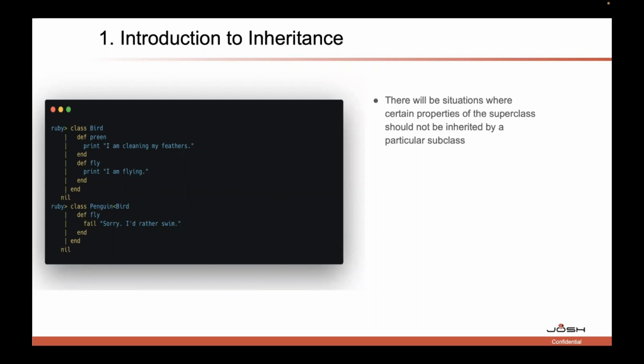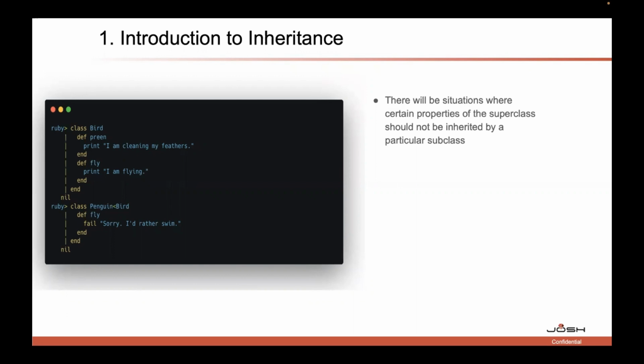Either we define all the uncommon properties in each of the classes, or define all properties in the parent class, and then just remove those properties from that specific class.